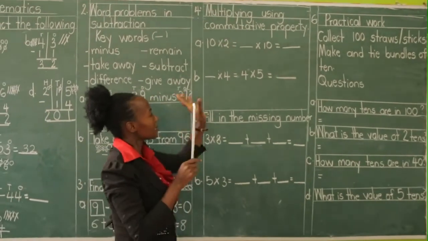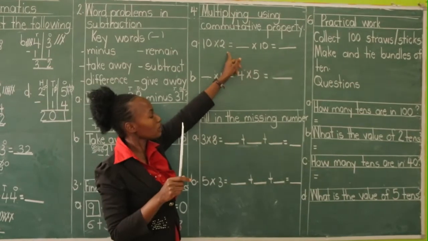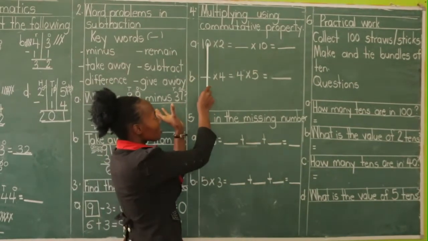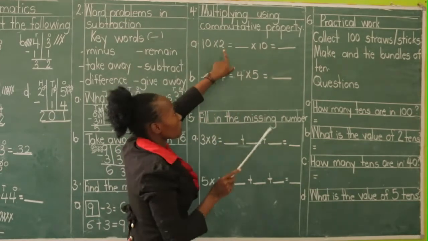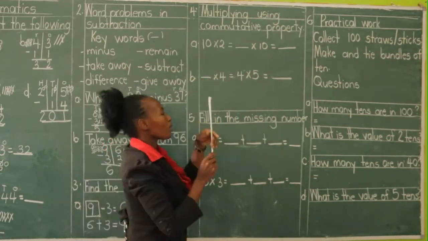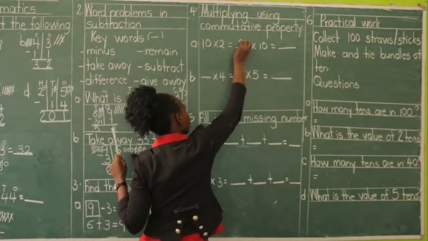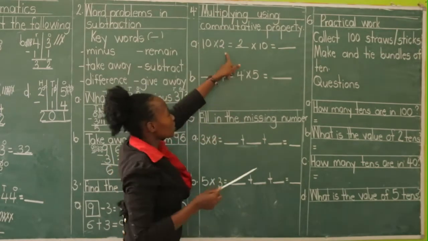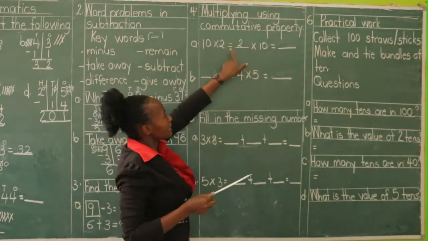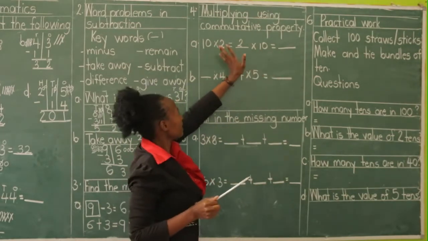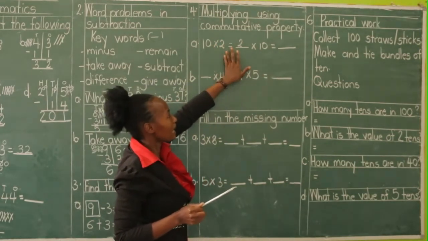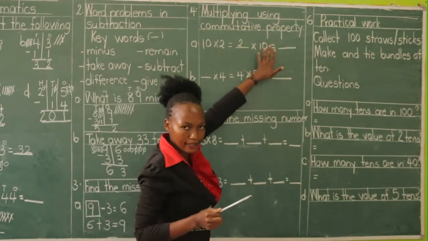Like 10 times 2: we just change the numbers. 10 is already here, so we just get this number 2 and put it here. 10 times 2 gives the same answer as 2 times 10. That is the commutative property. 10 times 2 is the same as 2 times 10.